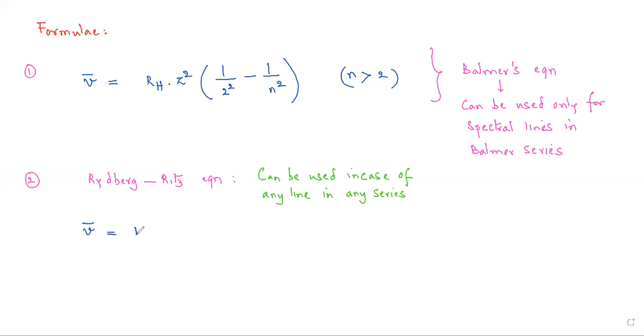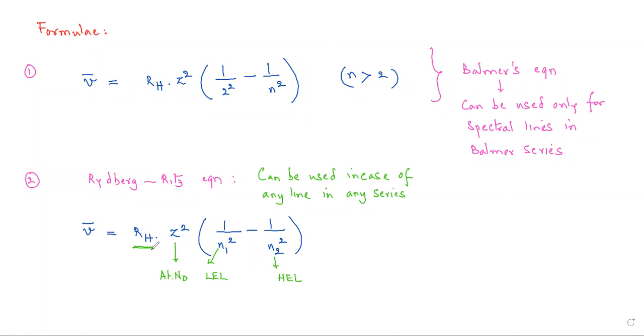Nu bar is equal to RH into Z square into 1 by N1 square minus 1 by N2 square, where of course the N1 and N2 are known things. N1 is the lower energy level, N2 is the higher energy level.